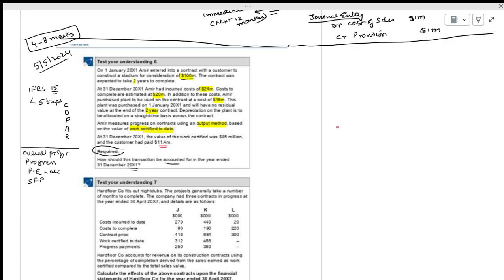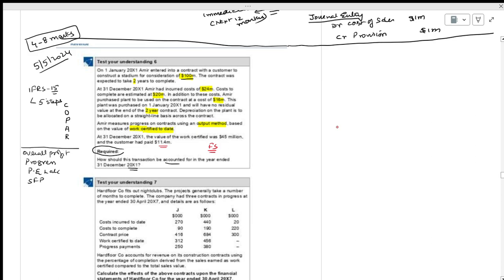Now they are asking us how the transaction should be accounted for. You will ask me with respect to which method, and you have to say they have mentioned very clearly cost to date, work certified. That means they want to know what should be done in the financial statements.